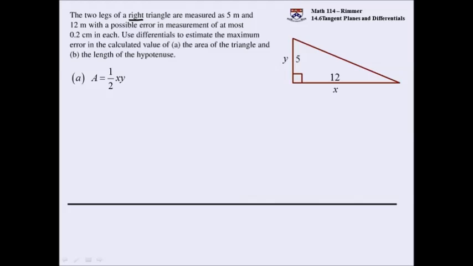When I change x by 1/5 of a centimeter, when I change y by 1/5 of a centimeter, the question is, how does area change? That's absolute value plus or minus, so we can just go with the absolute value. The partial derivative with respect to x is half of y. The partial derivative with respect to y is half of x.